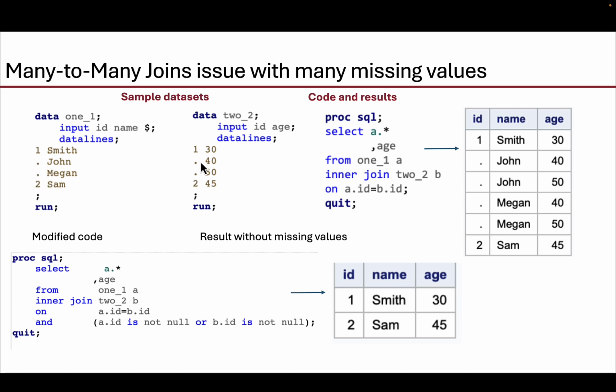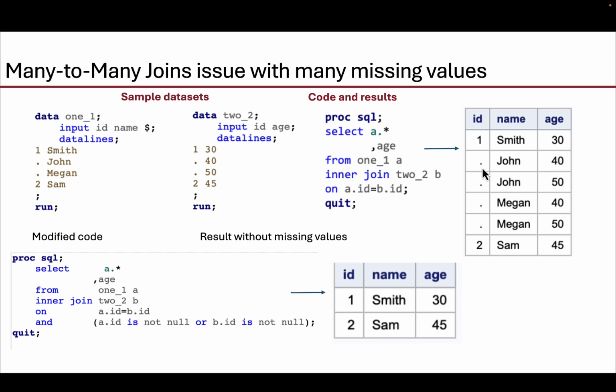Here I have two missing values in data set 1_1 and two missing values in data set 2_2. I'm doing the same join, only the data set names are different and everything else is the same. Now if you look into the results, you can see that we have 4 observations related to missing values.